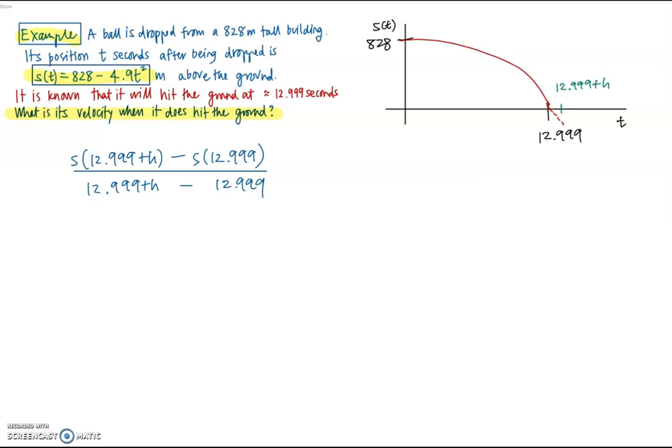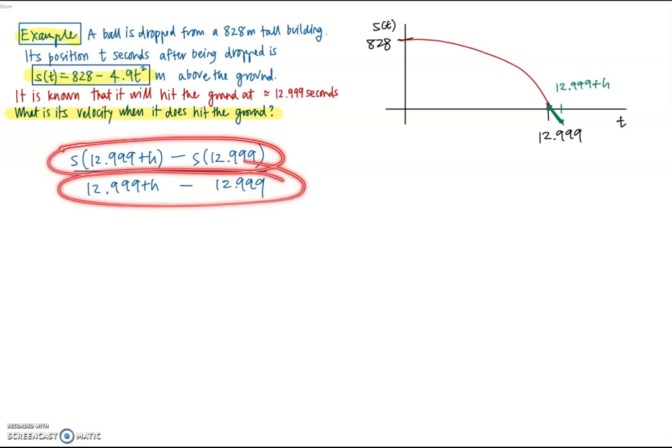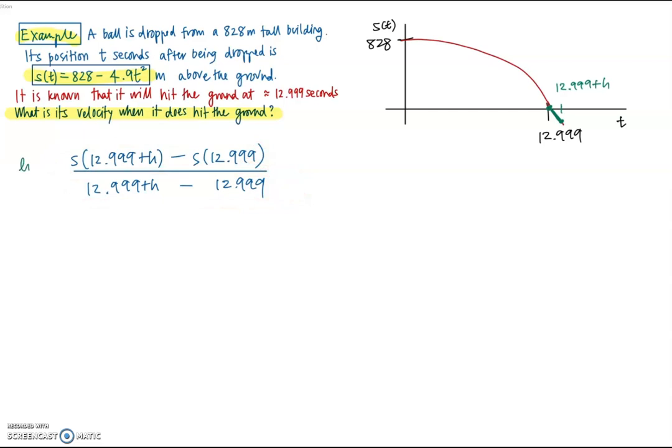If we found the average rate of change between these two points, it would give us an idea of what the velocity, or the instantaneous rate of change, at 12.999 would be, especially if we let h go to 0. In other words, if we let this point get closer and closer to 12.999. So I'm just taking the average rate of change between those two points, and we're going to take the limit as that h goes to 0, and then that should give us the instantaneous rate of change right at 12.999.